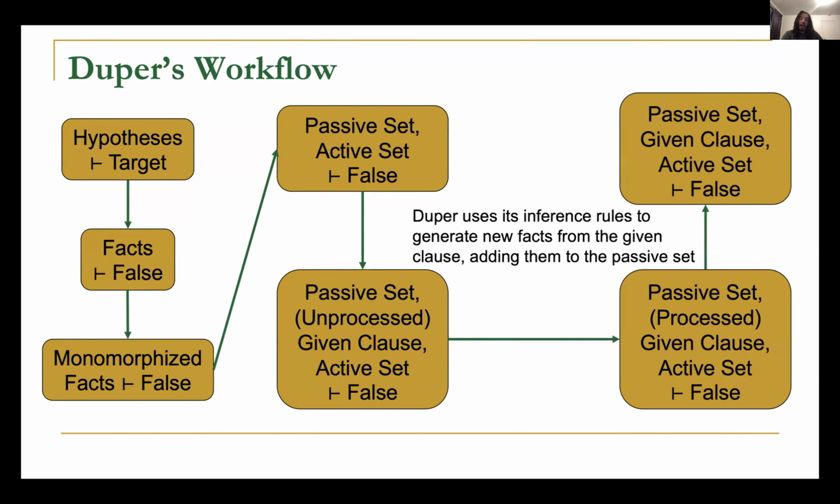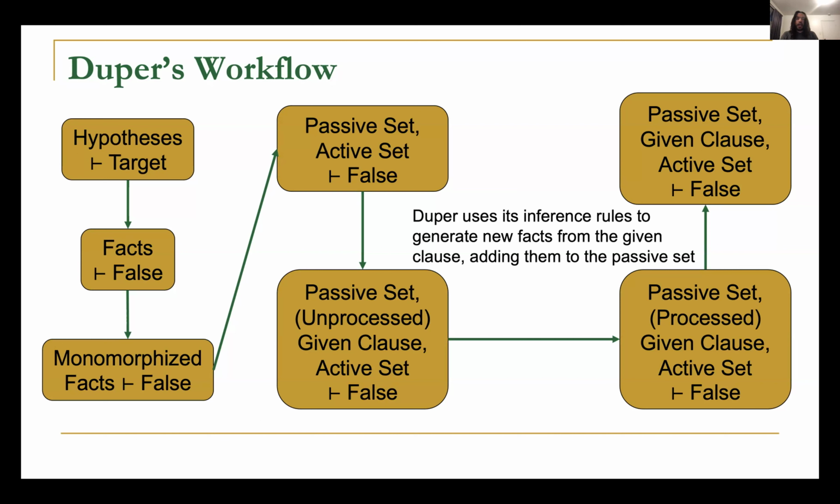From there, Duper will use its inference rules to generate new facts from the given clause and then add them to the passive set. Duper's inference rules require that the facts they take as input are fully processed, and that's why we have to clausify the facts first.